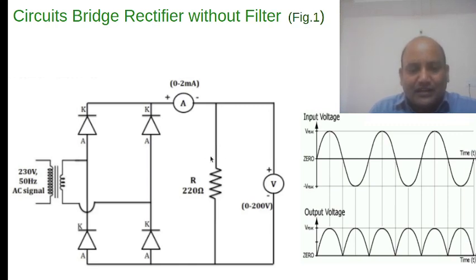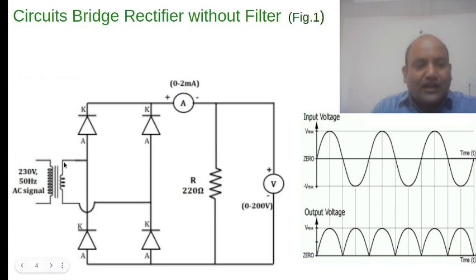Current enters here and should also leave to complete the circuit. So this is positive and this is negative. What about this diode? Here this is negative and this positive, and cathode is connected to the negative, so current is conducting through this diode.